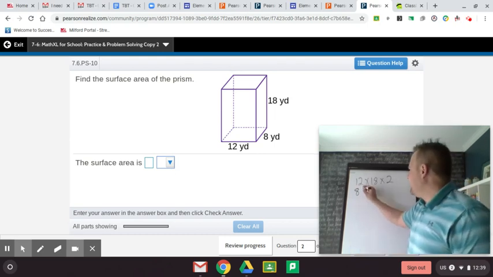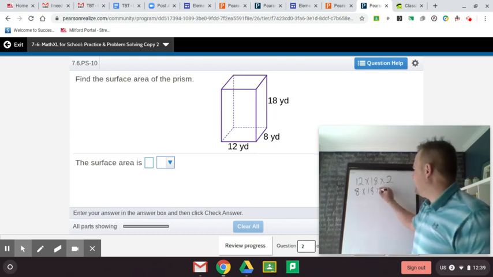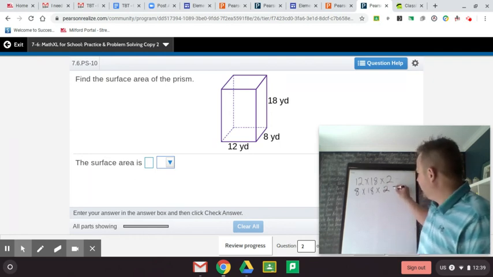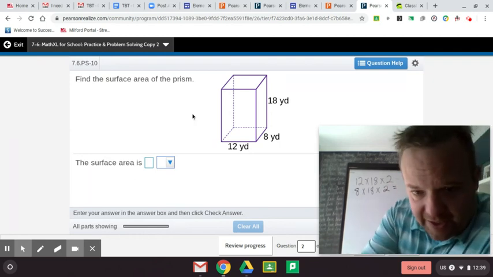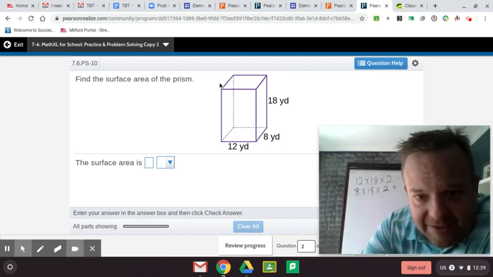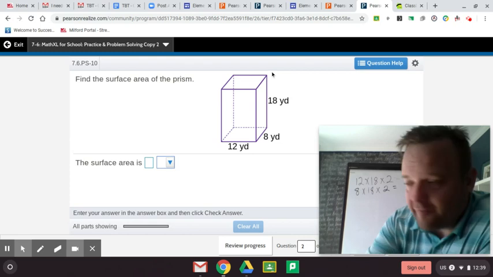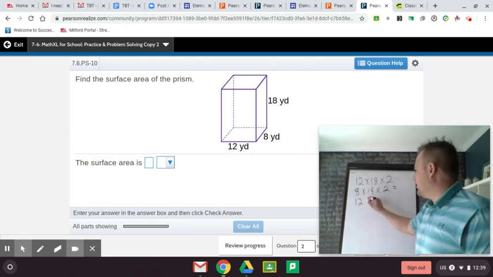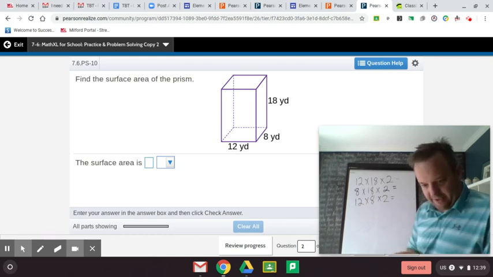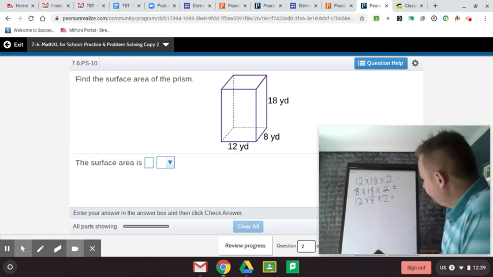So we have 8 times 18 times 2. Okay, and now we have the bottom and top. So the bottom is 12 by 8. The top is also 12 by 8. So we have two of those. All right, let's figure that out together.